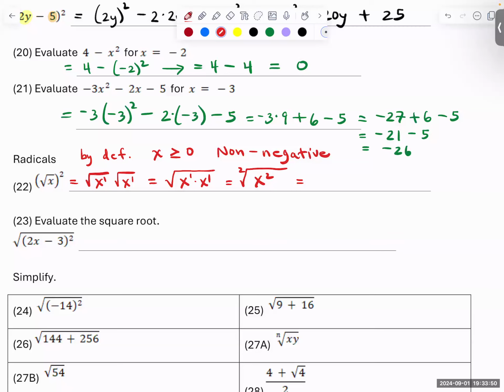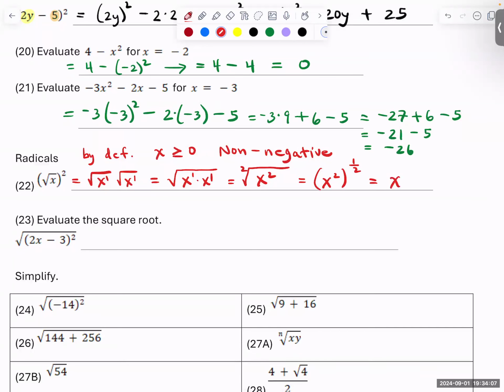Now a principal square root with an index of 2, we can write this as x squared quantity raised to the 1/2 power. So next, when you raise a power to a power, you multiply the powers, and 2 times 1/2, the product of reciprocals, equals 1, so we just get x.